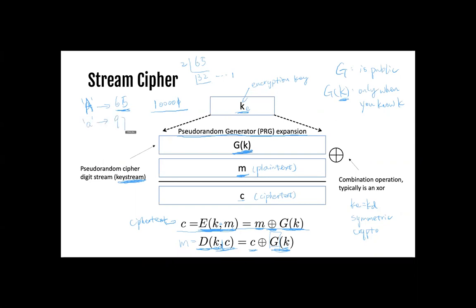So now let's look at just the capital A. This is the way that we can convert a letter, a character in the string, to a bit string.